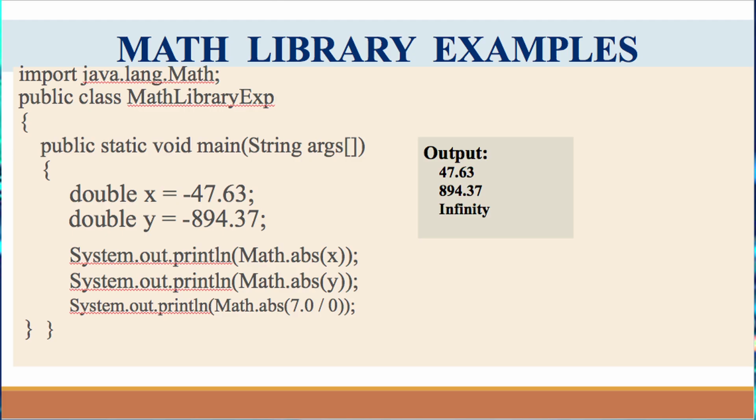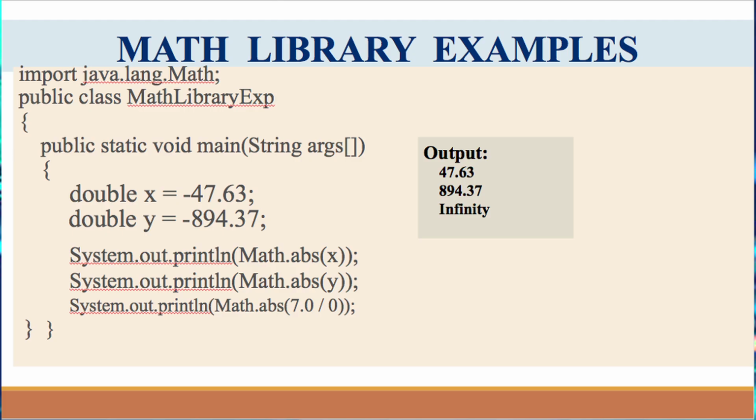Now you can see here public class MathLibraryExample is the name of the class, and inside the class we have public static void main(String[] args). In this main function, we have two variables x and y, both double variables, and their values are given: x equals -47.63, and y equals -894.37.